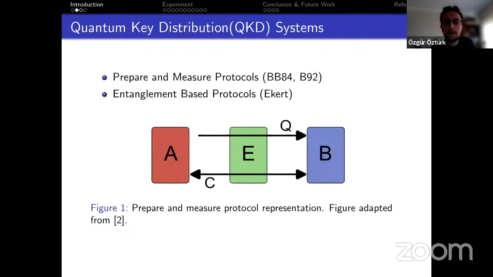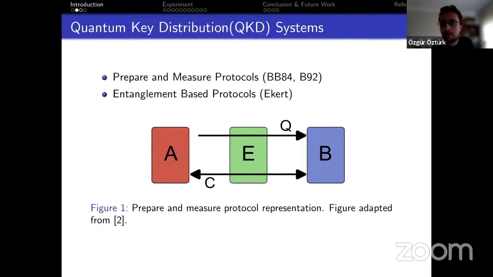So we can categorize quantum key distribution in 2 categories. In our experiment, we used the B92 protocol, which is a prepare and measure protocol. In this type of protocol, the transmitter party, which is Alice, creates bits and sends them in different bases through a quantum channel.